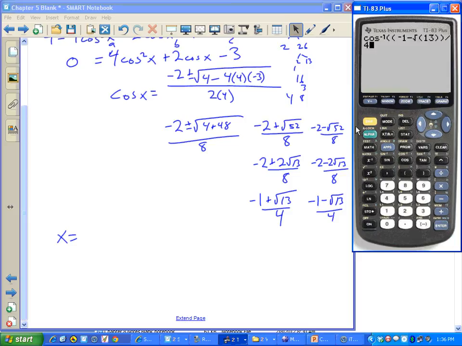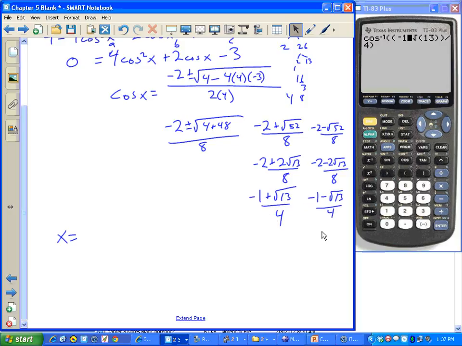Okay, so what that means is whatever I'm getting here is outside of 1. The square root of 13 is 3 point something. And so if I take negative 1 minus 3 point something, I get something that's bigger than 4 in magnitude. So I'm taking something bigger than 4 and dividing by 4, which will give me something bigger than 1.